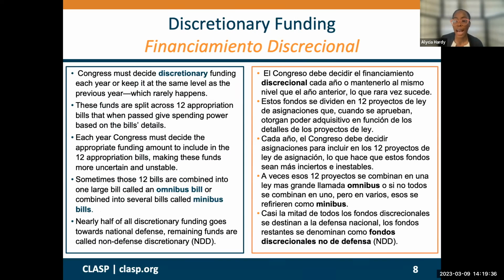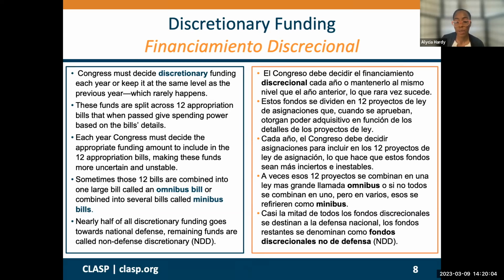Once those bills are passed, they give the federal government spending power based on the details of those bills. Each year, Congress must decide the appropriate funding amount across those 12 appropriations bills, making these funds more uncertain and more unstable since Congress has the power to change how much funding is set aside each year.